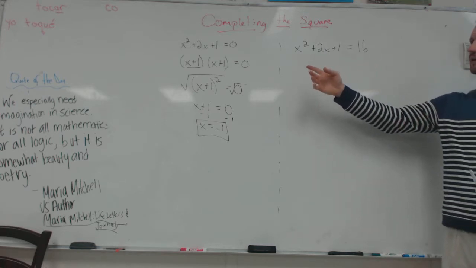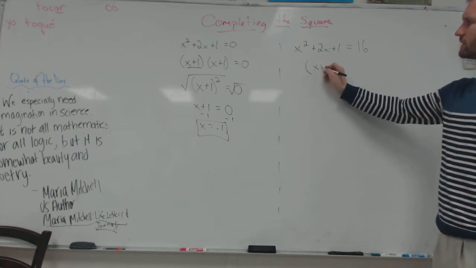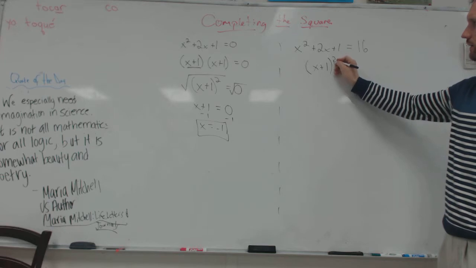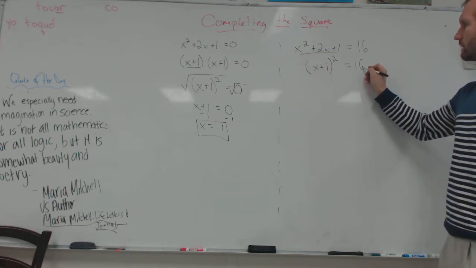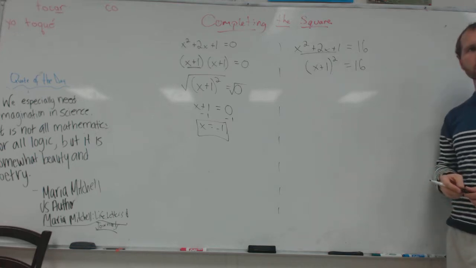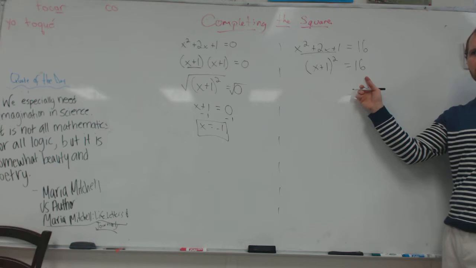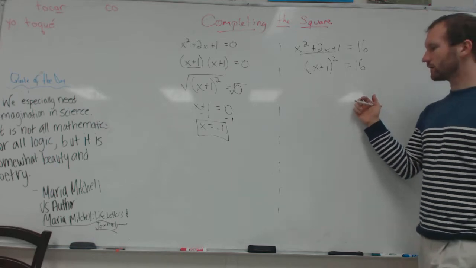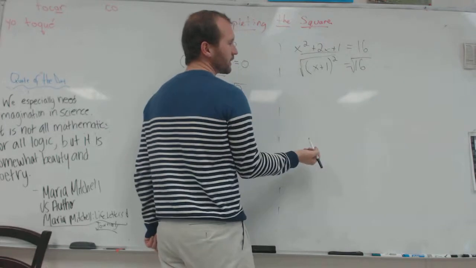If this is still a perfect square, so this is still x plus 1 squared, and that equals 16, can't I now just take the square root of both sides and solve it that way? And the answer is yes. Yes, you can. But there is a trick.